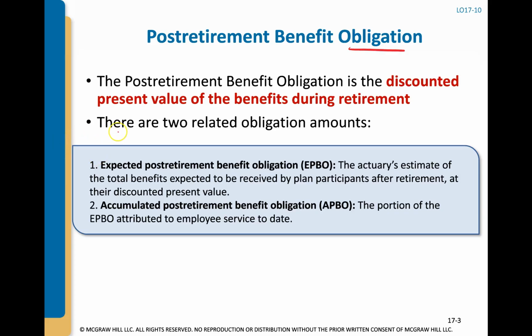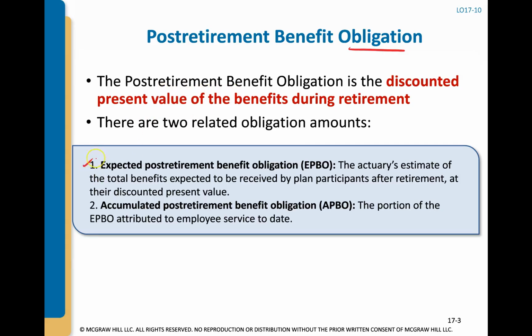Similarly, when a company needs to accrue a liability related to the potential benefits for healthcare and dental and whatever it is that they offer, the post-retirement benefits that they're going to end up paying out to their retirees, they need to accrue that as a liability. Those are called post-retirement benefit obligations.